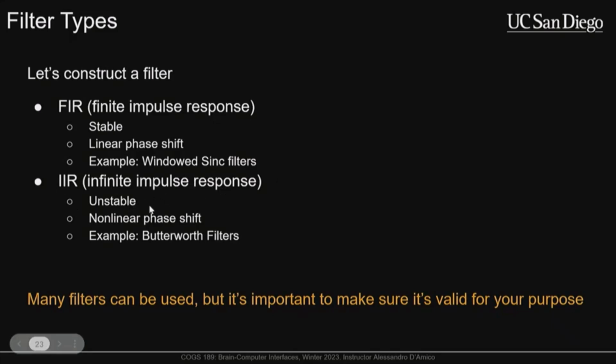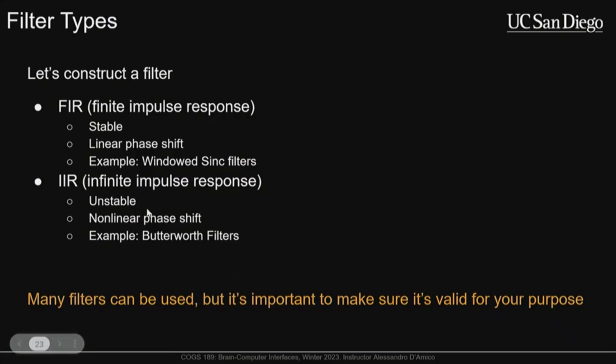IIR filters are unstable. You have to be very careful when designing them. They have a non-linear phase shift, which means that different parts of your signal are going to be shifted in time differently than each other. So it's not a simple linear correction, but some frequencies are going to be moved more than others. And a very common example for that is a Butterworth filter. So when I say unstable, this is sort of a loaded thing.